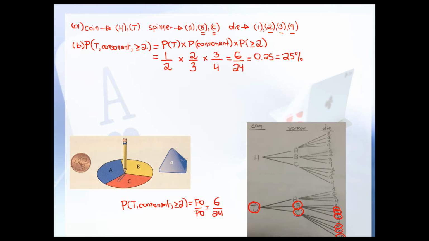It'd be 6 over 24. If you quickly compare, the probability of tails, consonant, greater than or equal to 2 is 6 over 24. Using the multiplication method, it is also 6 over 24. Except up here, I wouldn't have needed to do the tree diagram to determine that probability. So again, we're using our knowledge of fraction multiplication to do this calculation much, much quicker. It's just an alternate way to calculate the probability of independent events, saving you the time required to construct a large table or a large tree diagram.